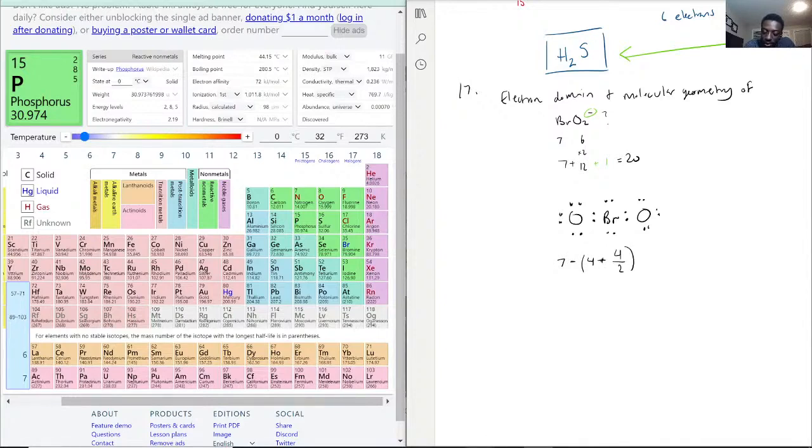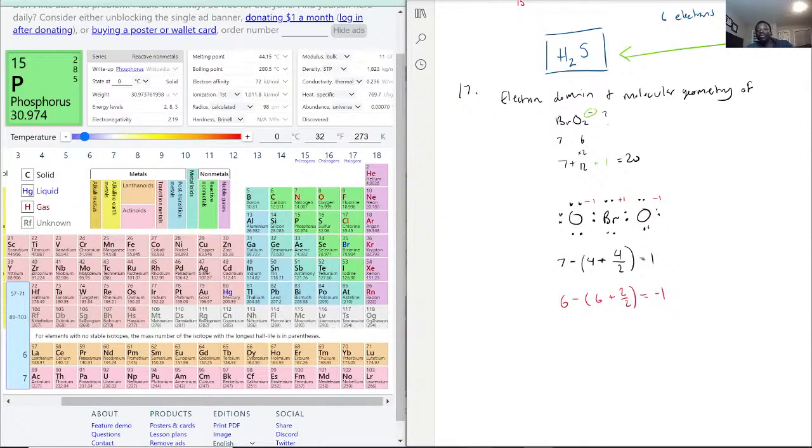So 7 minus 4 plus 2 is equal to 1. So this bromine is going to be plus 1. Then we do the same thing for the oxygens: 6 minus, we have 6 plus 2 over 2. That's 7 in total, so it's minus 1. So minus 1, minus 1.